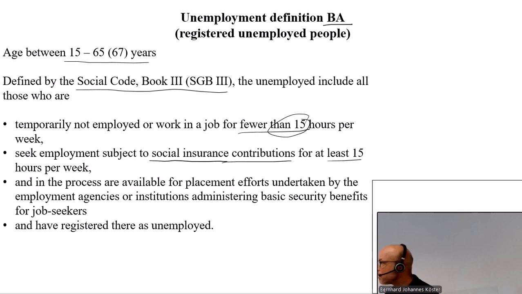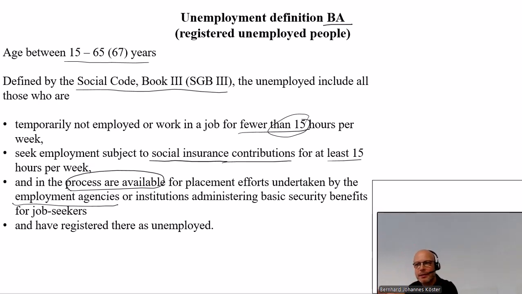And what is also quite important, and this is discussed, is how your availability has to be, that you are in general available for the efforts of our employment agency. And this we had changed 5 years ago until, let's say, until Corona.